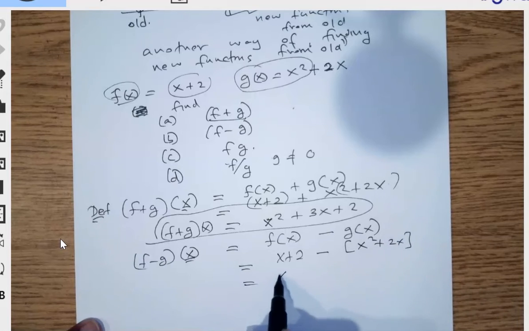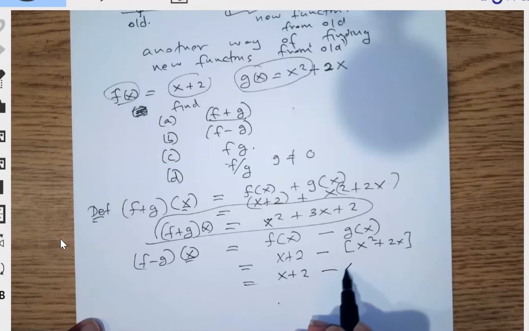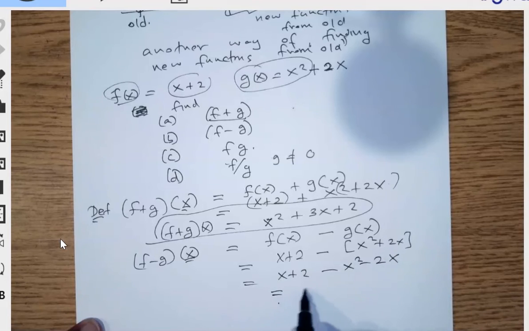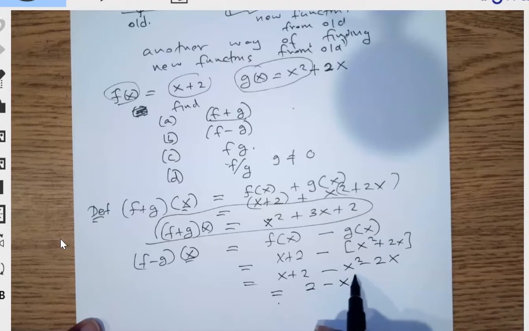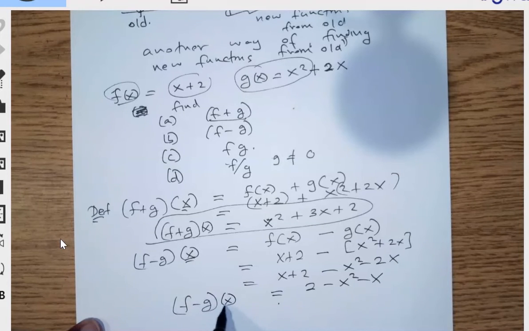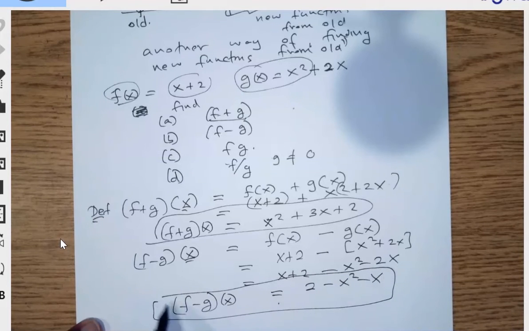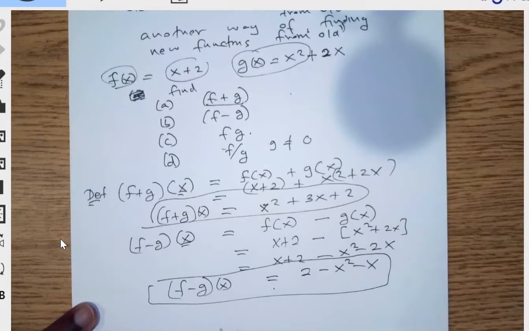So you will get x plus 2 minus x squared minus 2x. So you get 2 minus x squared minus x. That is your f minus g of x. Okay, so that is your f minus g.